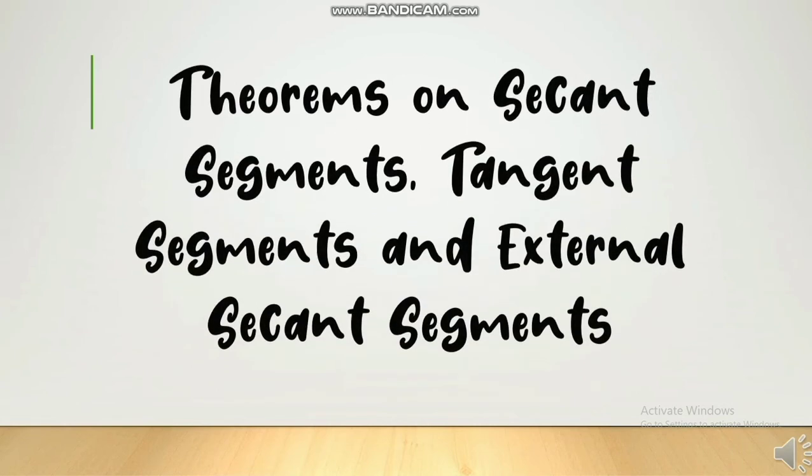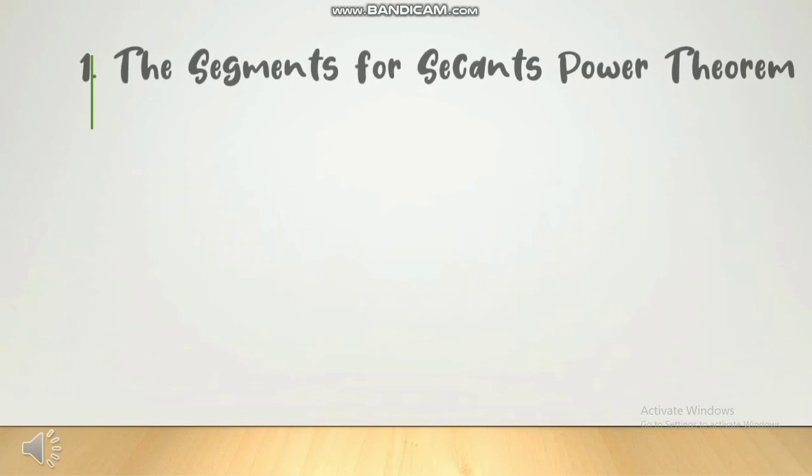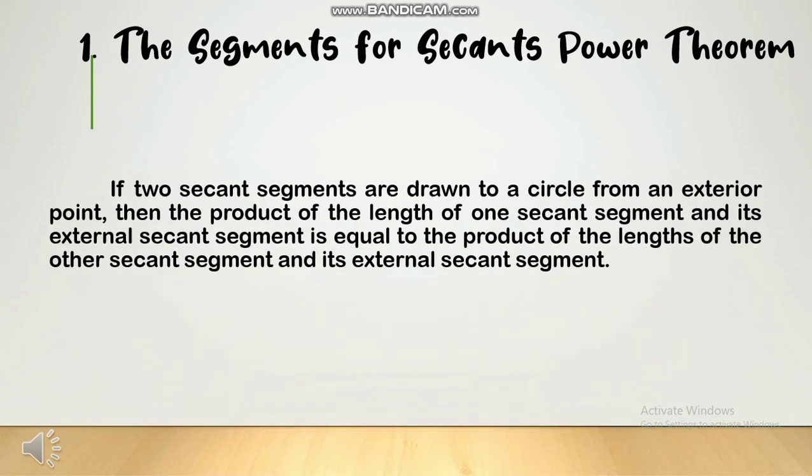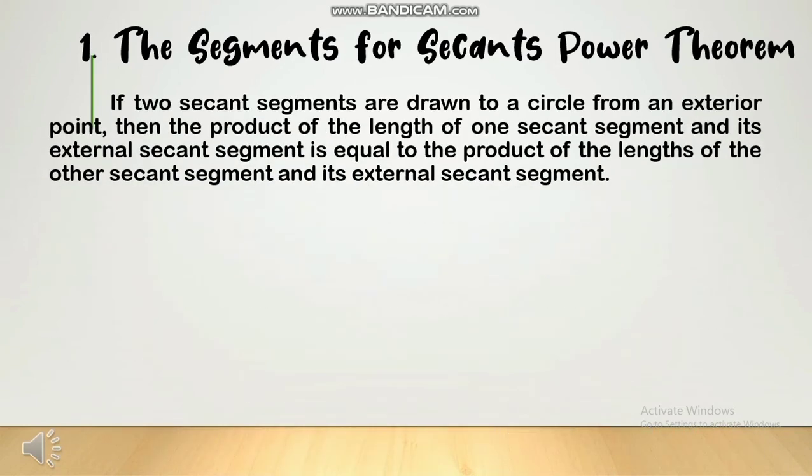Since they are the part of the segment that is external, they are called external secant segments. Theorems on secant segments, tangent segments, and external segments. Number 1. The secant-secant segments power theorem. If two secant segments are drawn to a circle from an exterior point, then the product of the length of one secant segment and its external secant segment is equal to the product of the lengths of the other secant segment and its external secant segment.